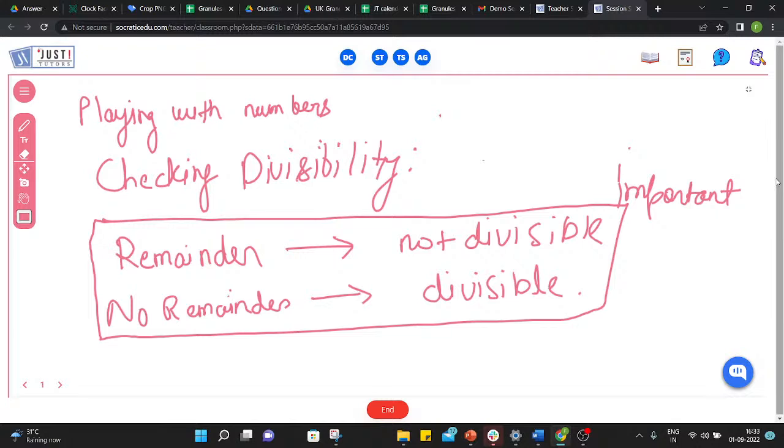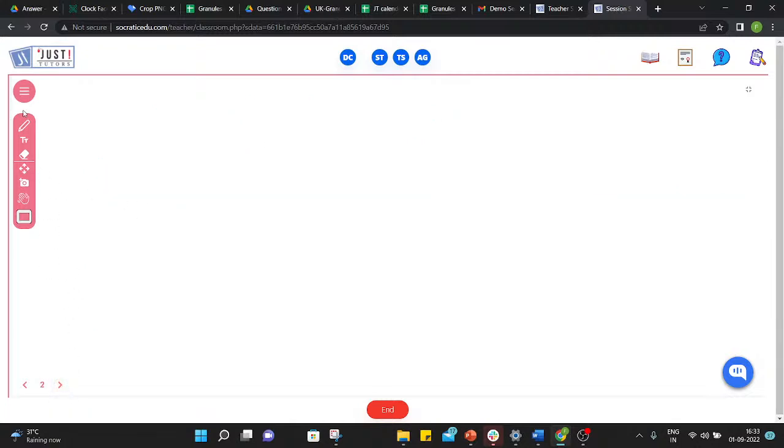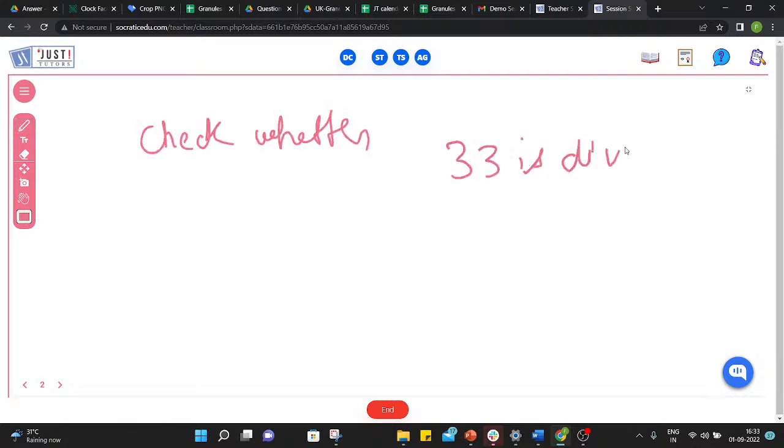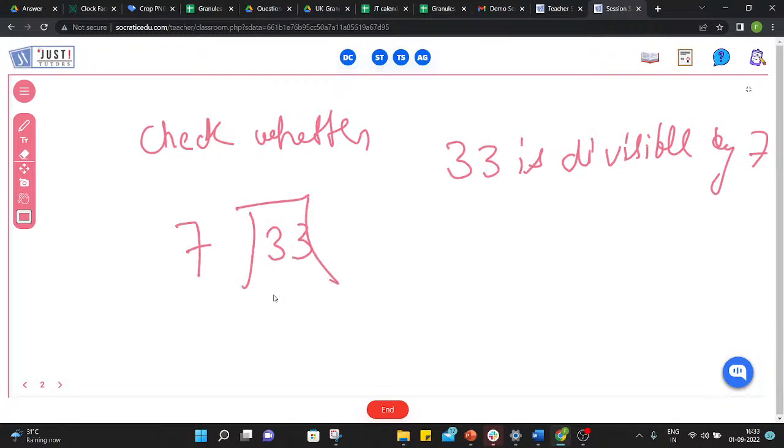Now let's see some examples to check whether 33 is divisible by 7. Let's divide 33 by 7. So 7 times 4 is 28, and we get a 5.